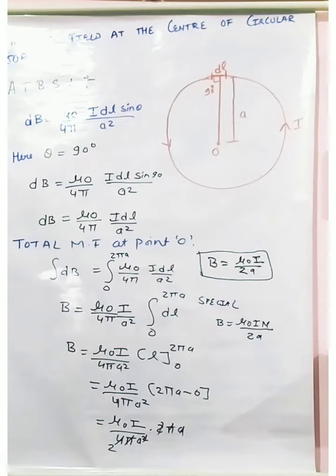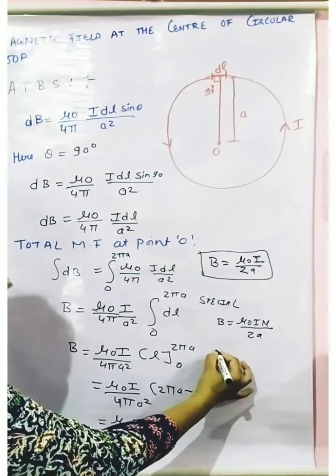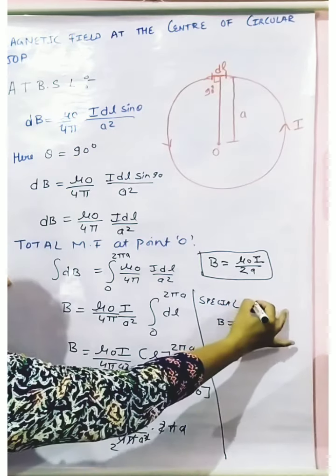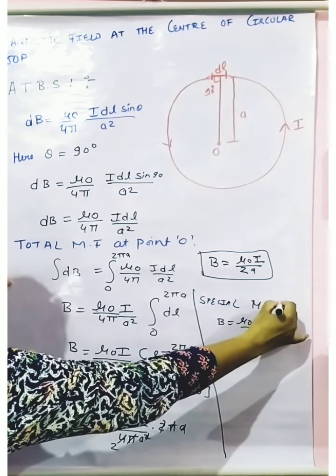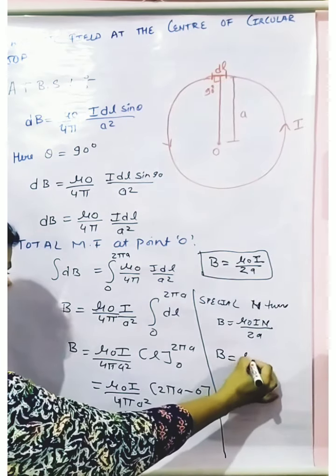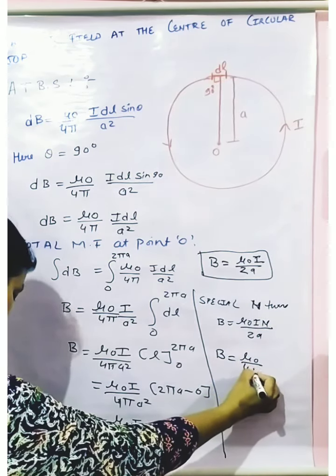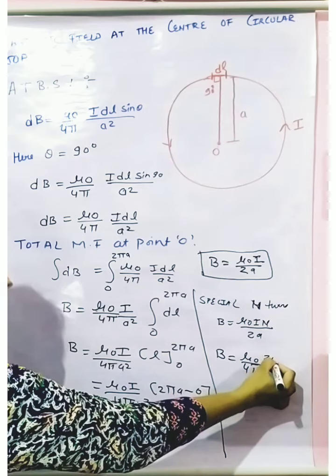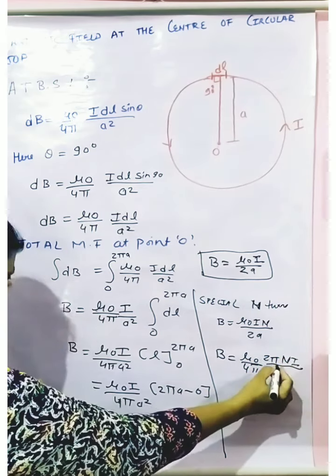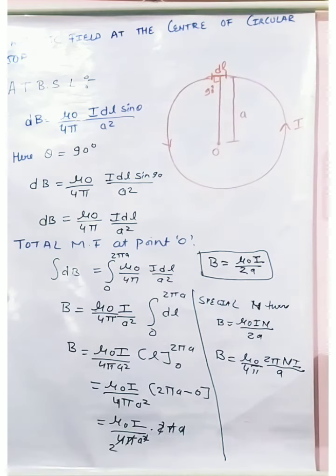The previous expression you can also write this way for the special case when we have n turns, so you will have the expression as mu naught upon 4 pi, 2 pi nI upon a.